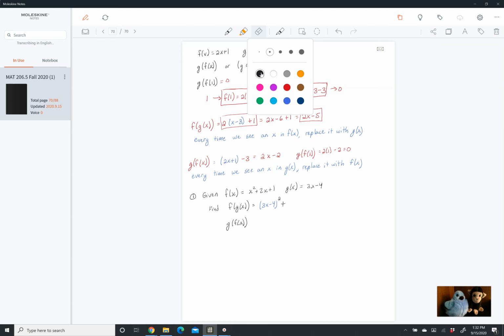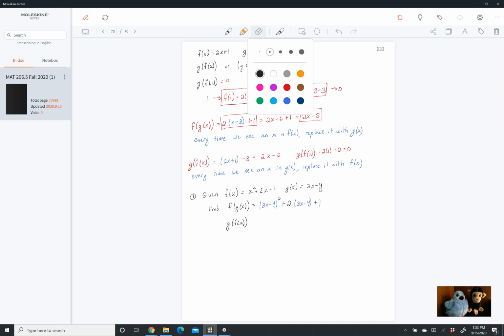So we have a plus 2, and then we see an x again, so we replace it with 3x minus 4. And then we have a plus 1. So every time we saw an x, we replaced it with g of x.